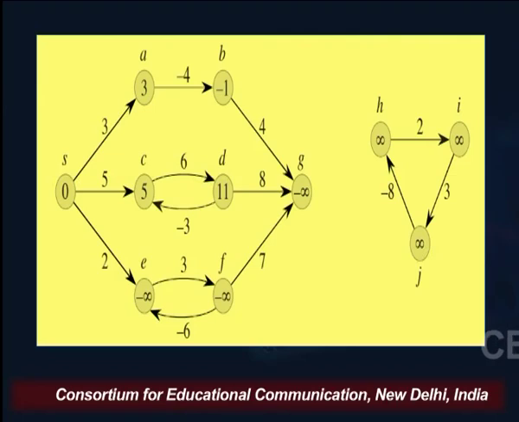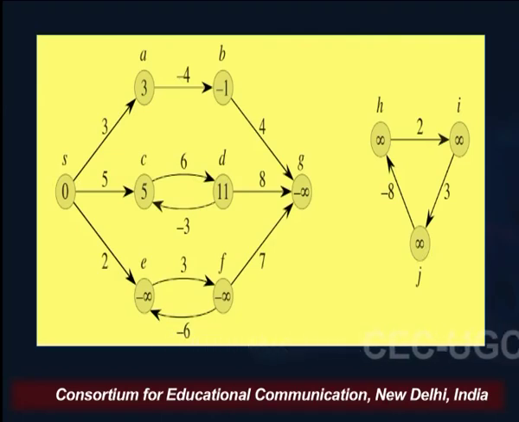Then from D to C, again there is an edge with negative weight -3, and from F to E also -6. The other side of the figure, which has the vertices H, I and J, shows the portion which is not reachable if we start from S.